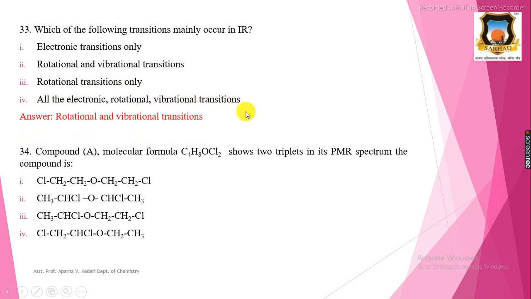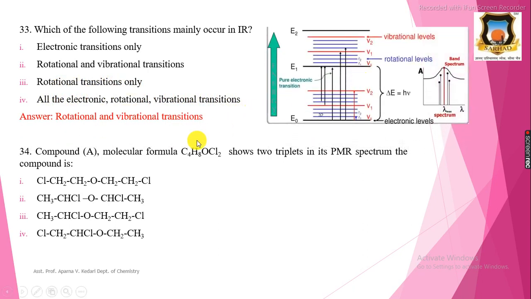The correct answer is rotational and vibrational transition, because IR radiation is used here, and IR radiation carries only rotational and vibrational transitions. Therefore, this is the correct answer.